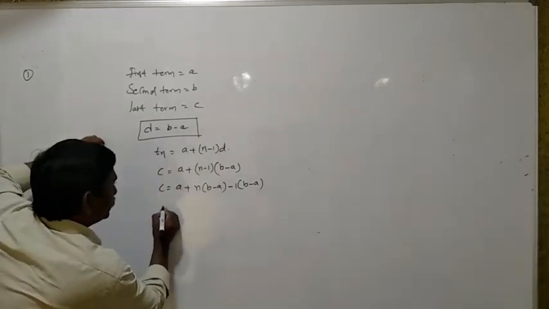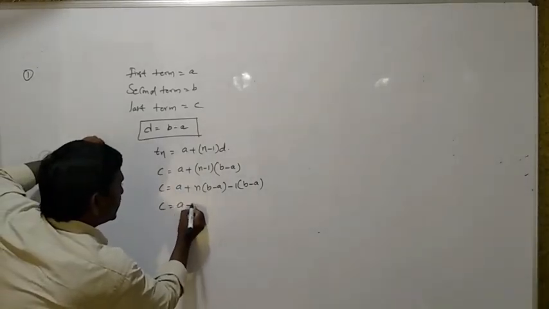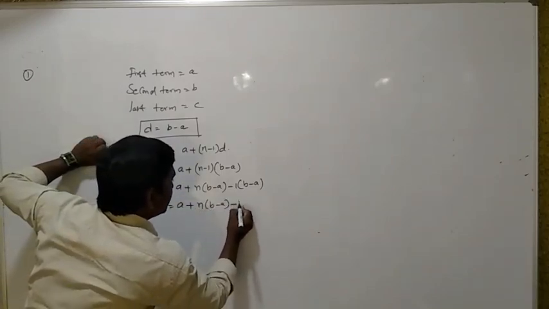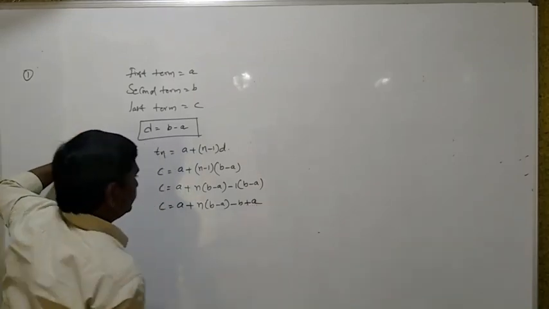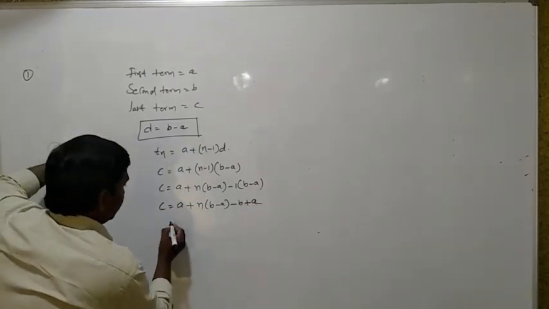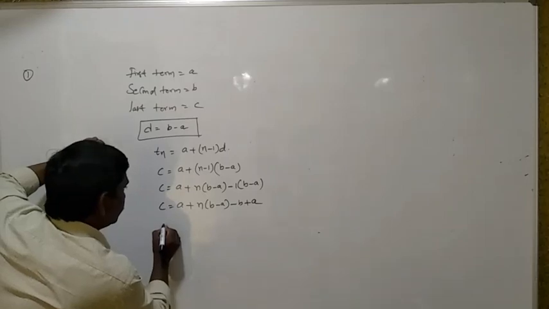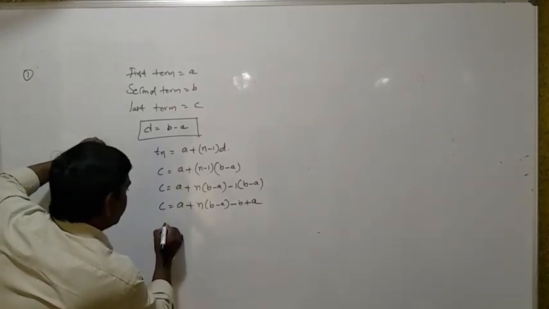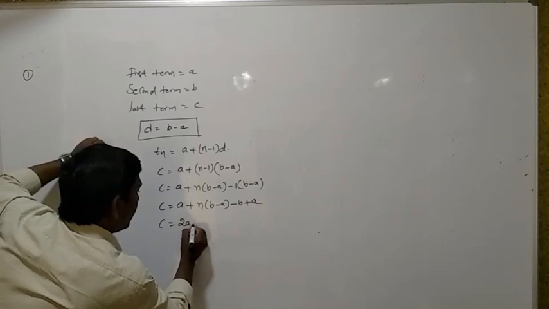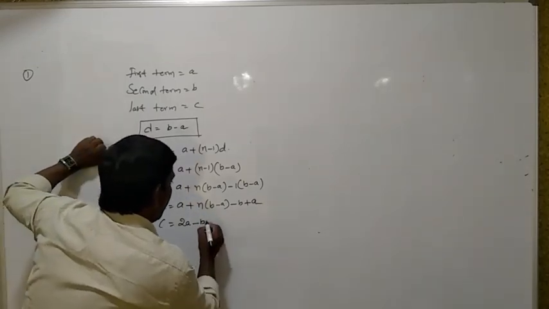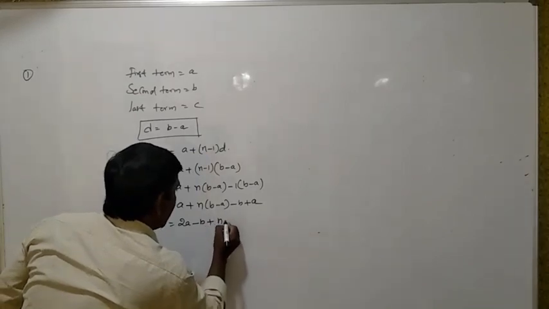C equals A plus n into (B minus A) minus B plus A, and C equals 2A minus B plus n into (B minus A).